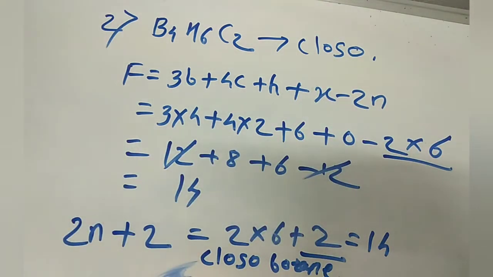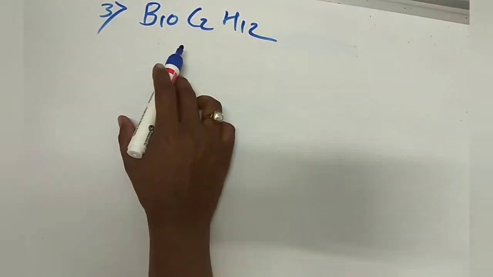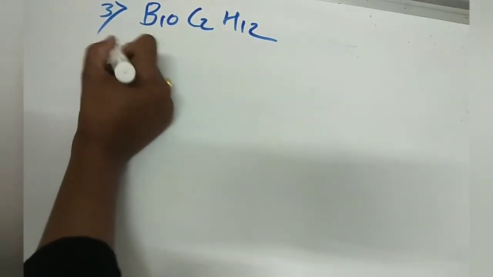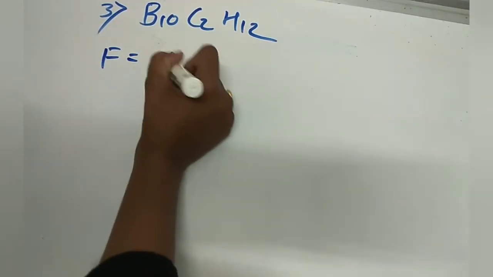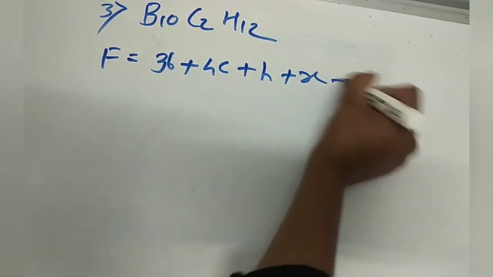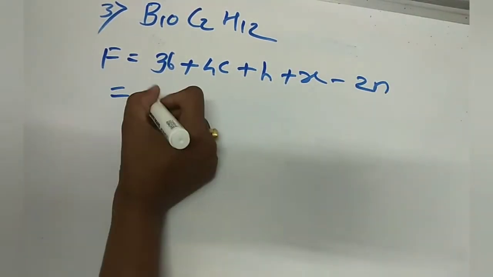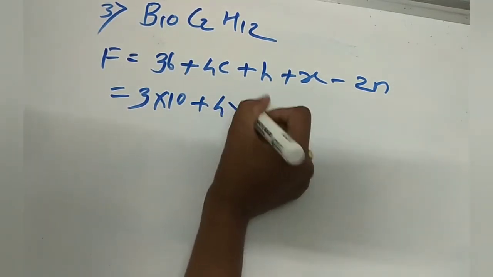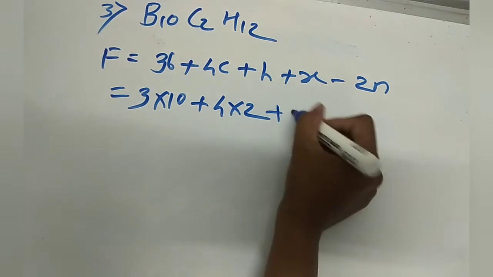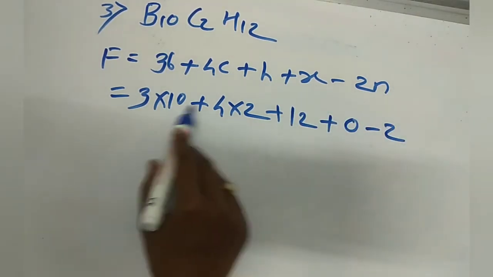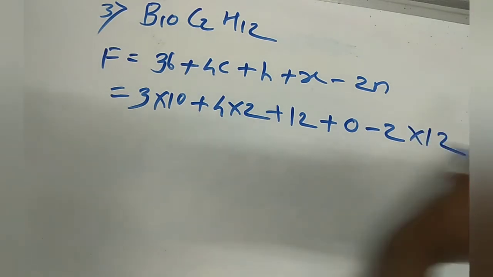Now we see the third example. Here we are considering B10C2H12. Again you have to write the formula 3b plus 4c plus h plus x minus 2n. Here number of boron atoms is 10, number of carbon atoms is 2, number of hydrogen atoms is 12, plus charge is 0, minus 2 into 12.